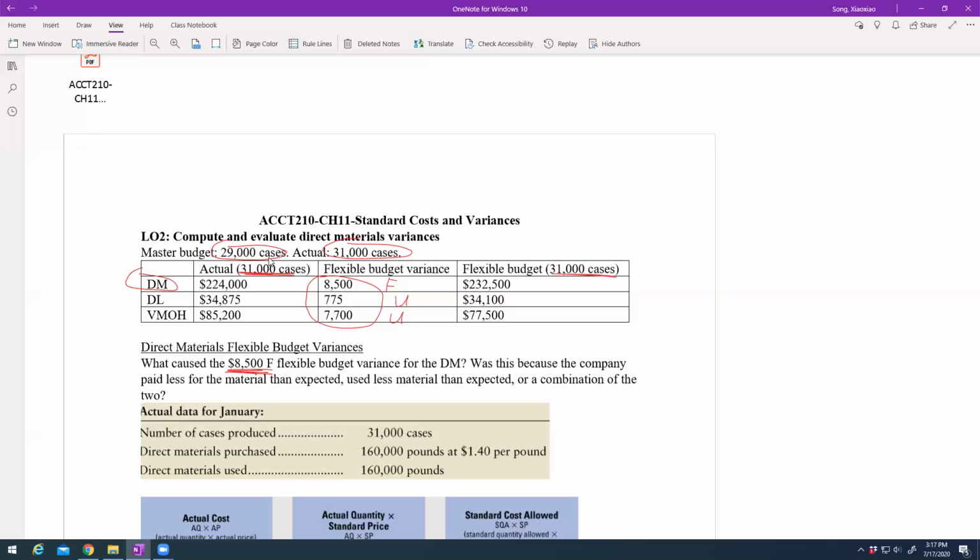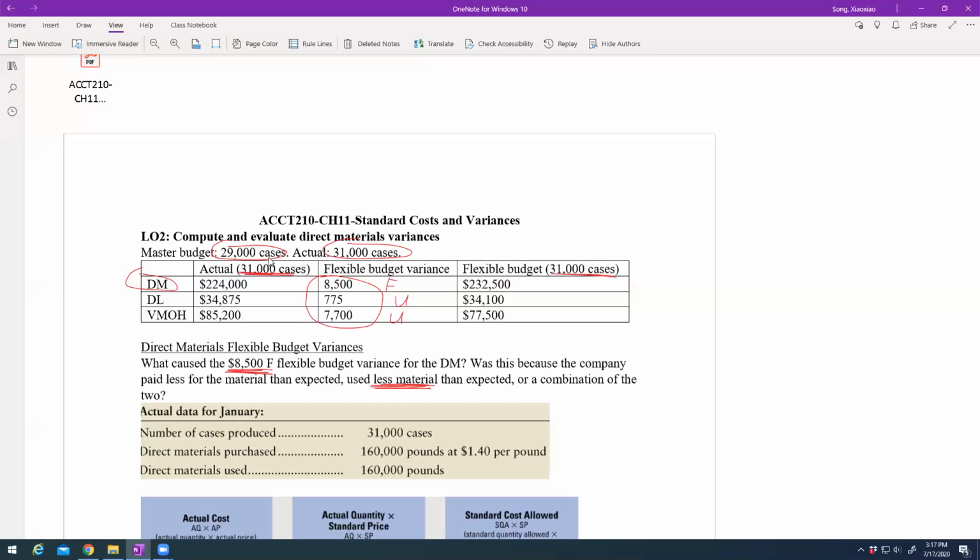In general, there are two possible reasons for the direct material favorable result. One is we used less material. We didn't waste that much flour; we used the flour very efficiently and effectively. Or the purchase price of the material is cheaper than we thought.